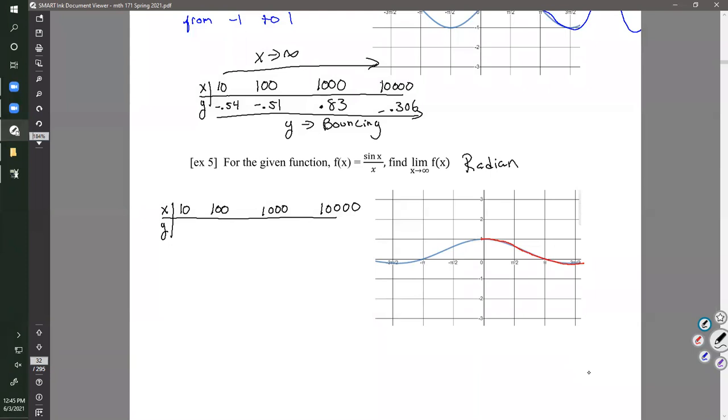You'll get way different answers than if you're in degree mode. You get negative 0.05. At 100, you get negative 0.005. At 1,000, you get 0.0008. And at 10,000, you get negative 0.00003.